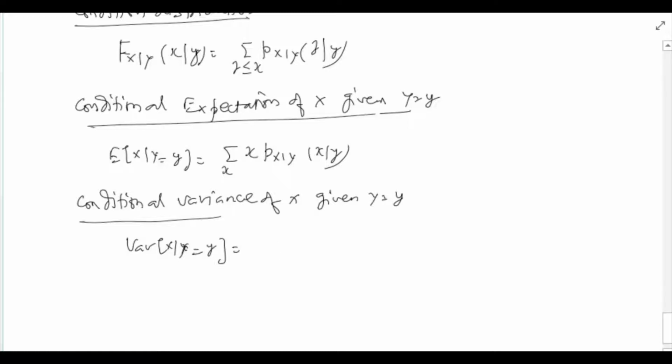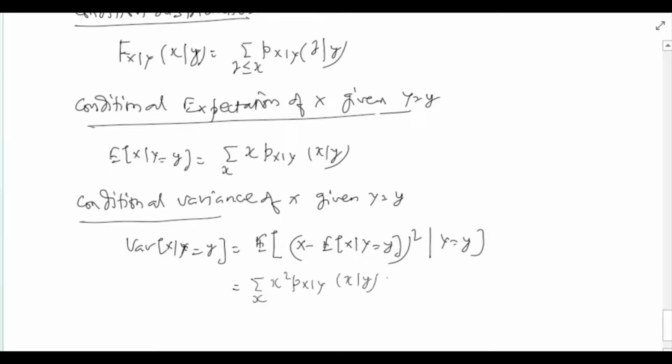So this is the expected value of (X minus the expected value of X given Y equals small y) the whole square, the conditional expectation of this quantity, conditioned on Y equals small y, and this turns out to be equal to the sum of x square p_{X|Y}(x|y) minus the square of the summation over x of x p_{X|Y}(x|y).